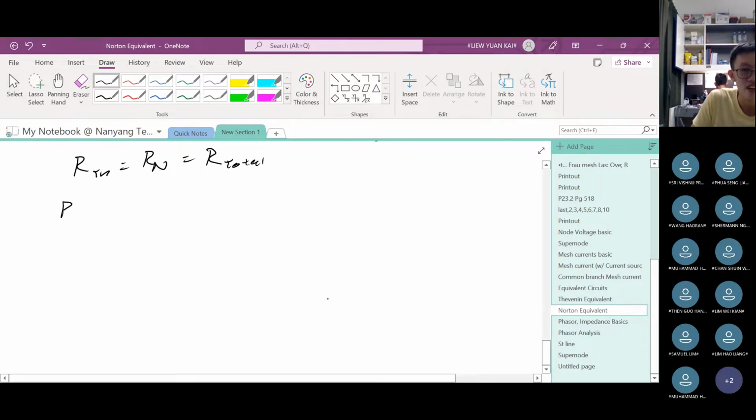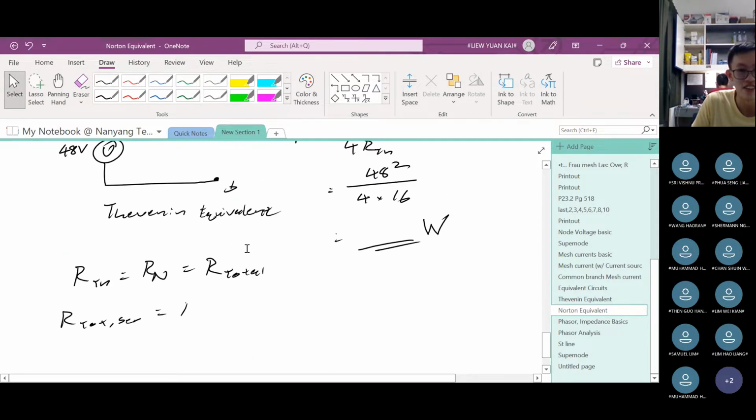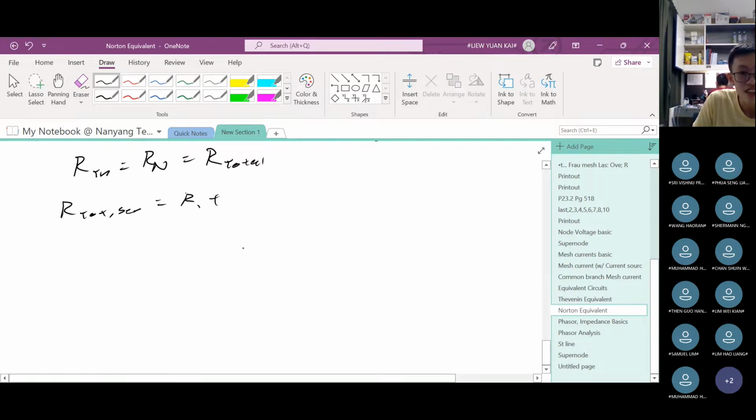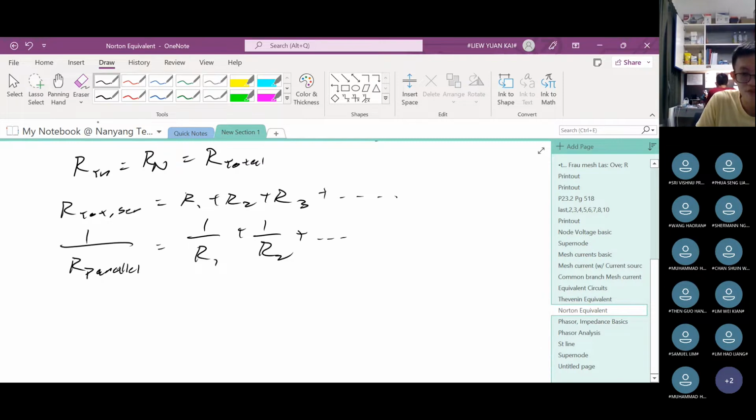For the total resistance in series, we use R1 plus R2 plus R3, and so on. And if they are in parallel, we use 1 over R parallel equals 1 over R1 plus 1 over R2 plus so on. Finding the total resistance of the circuit is just finding the Thevenin or Norton equivalent resistance. That is what we're doing all along.